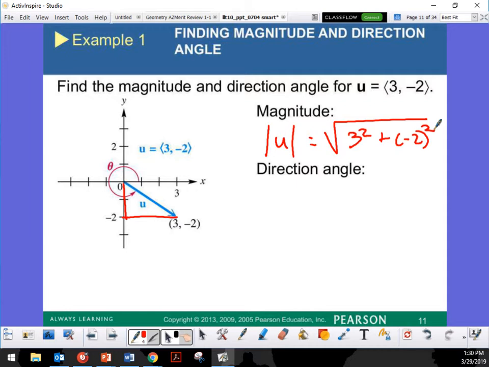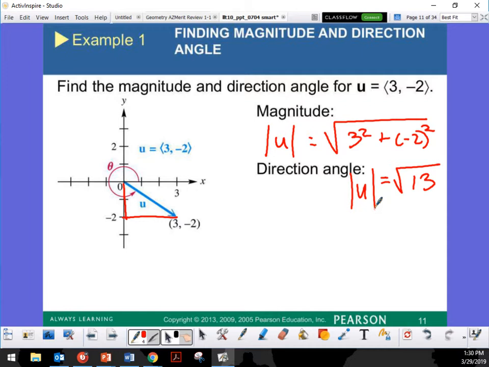When I square that negative, it's going to make it a positive. So 3 squared is 9, and 4 gives me 13. So I'm going to have the square root of 13 as the magnitude of u.